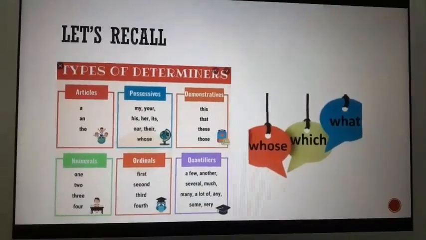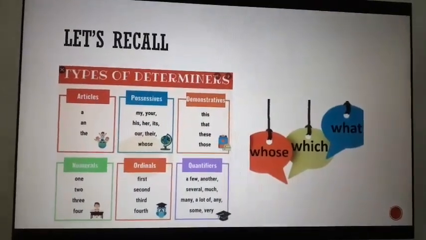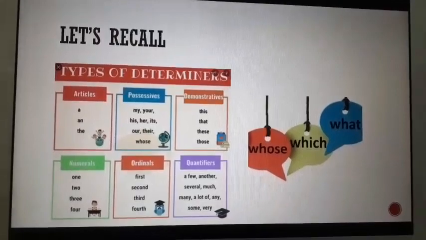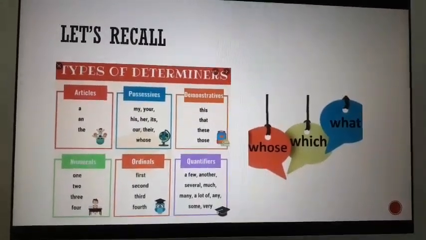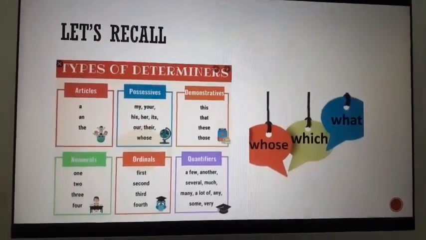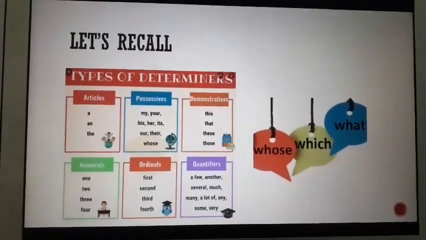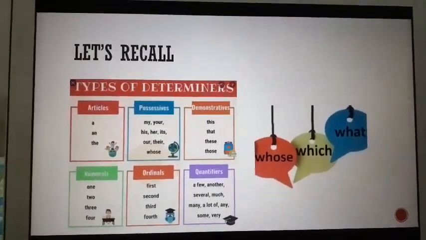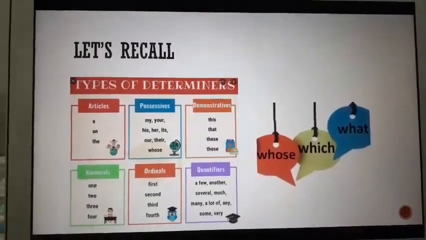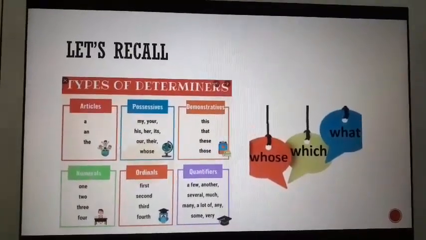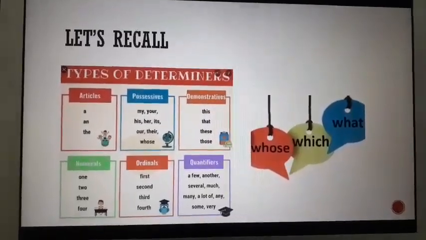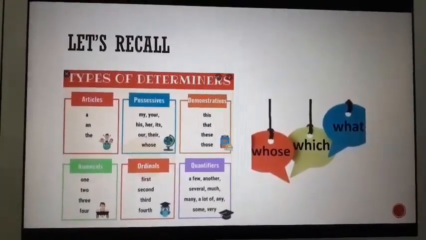The talks about specific things, whereas when we are not defining anything specific and things are general, then we use indefinite articles such as a and an. Second is possessives. Possessive determiners are my, your, his, her, our, their, whose, right? Something that we possess or own. That is a possessive determiner.